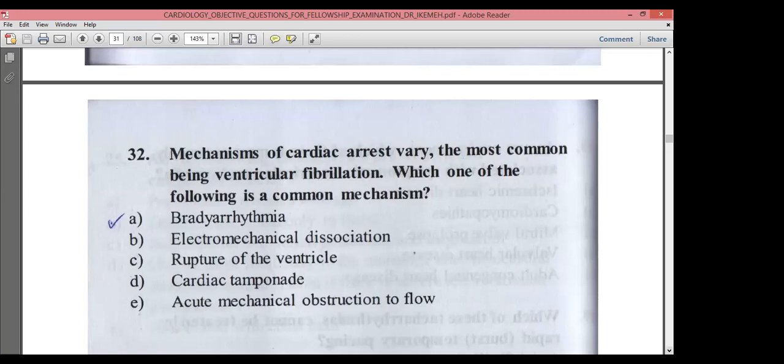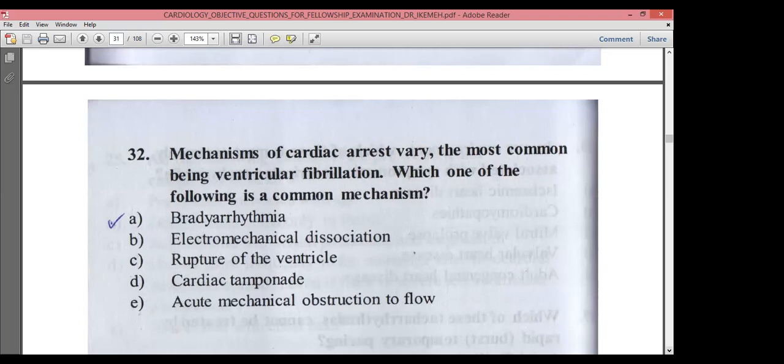Sincerely speaking, I was trying to search for this. I didn't really see anything that was making sense to me. But I saw an article that said bradycardia with reduced heart rate of less than 60 can result in lethal ventricular arrhythmias during various stages of myocardial MI.